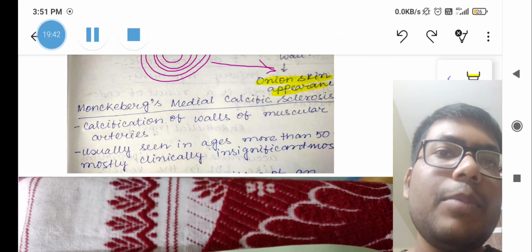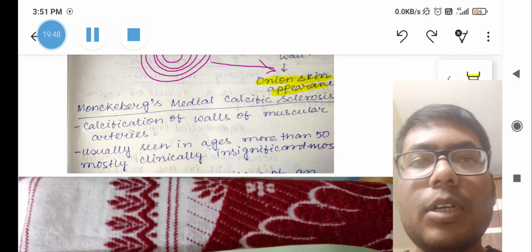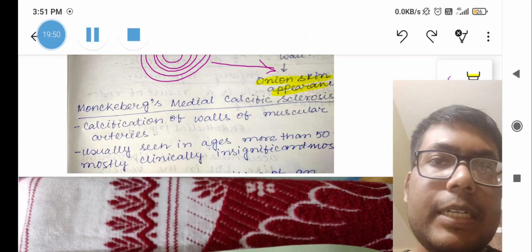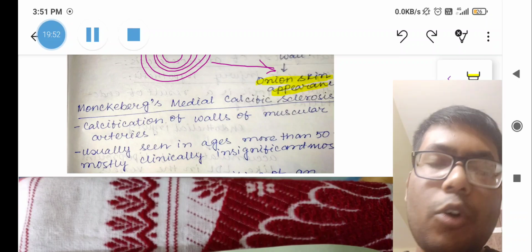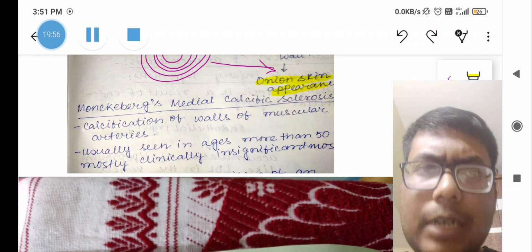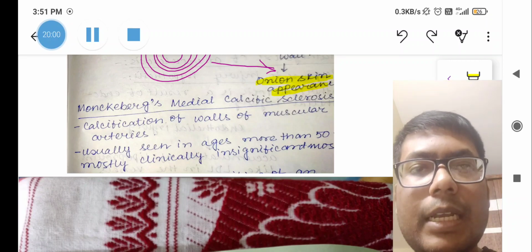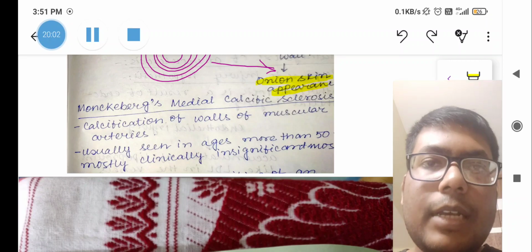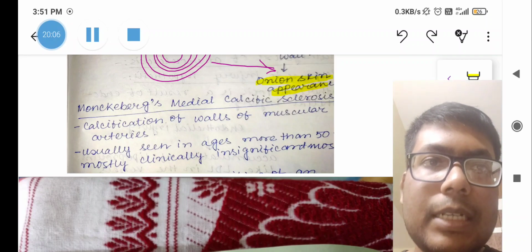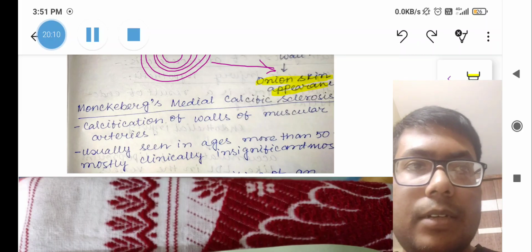Normally we do not see the blood vessel because it is soft tissue and is not identified in the X-ray. But in Monckeberg medial calcific sclerosis, we can see the blood vessels because there is calcific deposition. It is calcification of the muscular part of the blood vessel, usually seen in ages more than 50 years. It is clinically insignificant.